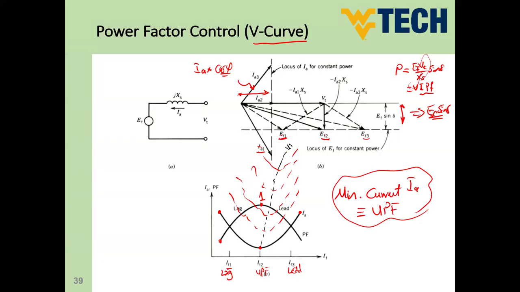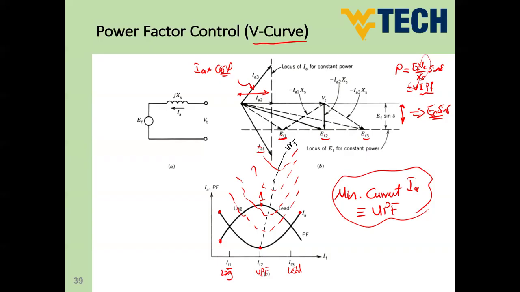So this is the unity power factor curve, or the locus of unity power factor at different power cases. And this is called the V curve of a synchronous motor. We will make one experiment on the synchronous motor drive and provide the different V curves at different power conditions. Okay, so this is one of the experiments we're going to do together in our lab. So this is called power factor control, or V curve.